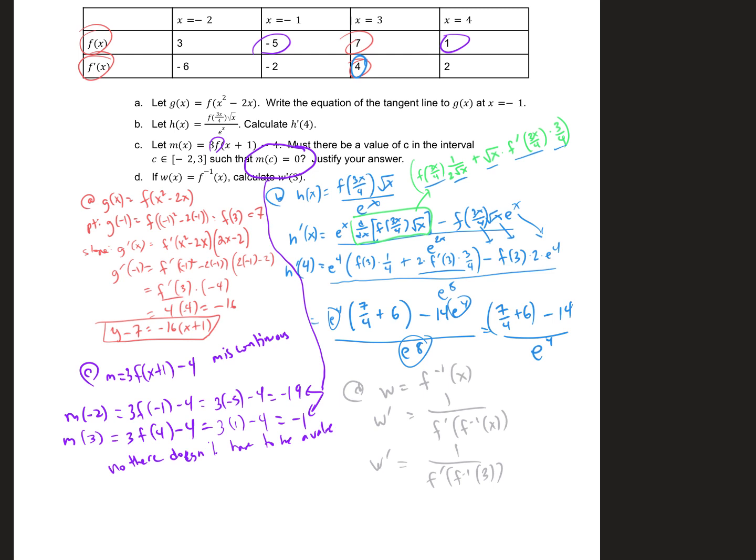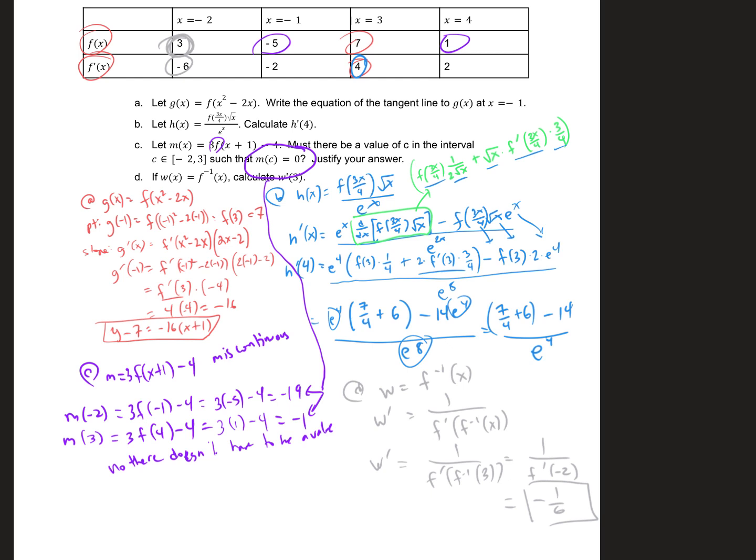So if you look at your table, the y value is 3 when x is -2. So f inverse of 3 is -2, and then f prime of -2 is -6, and so the slope is -1/6.